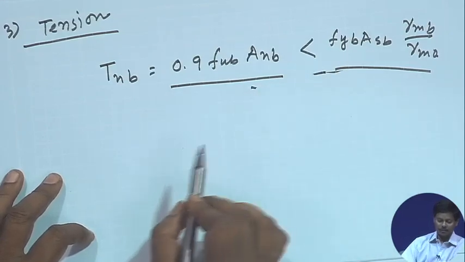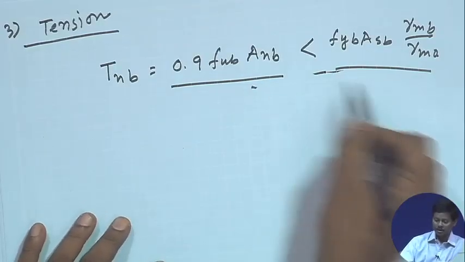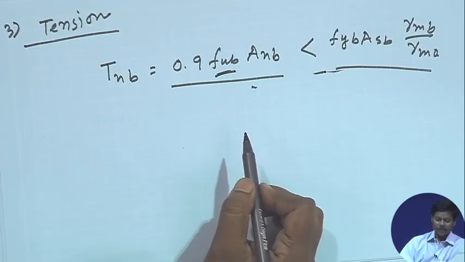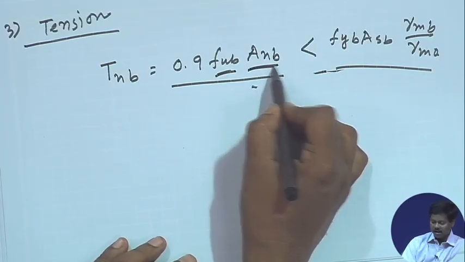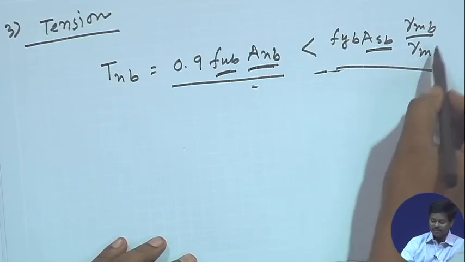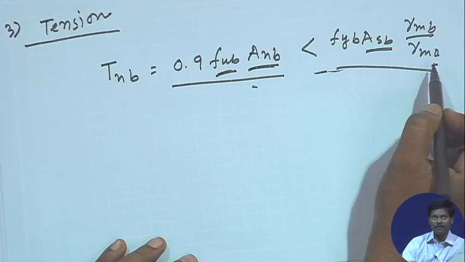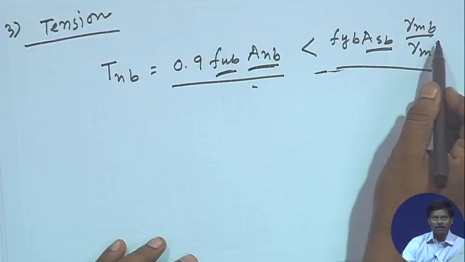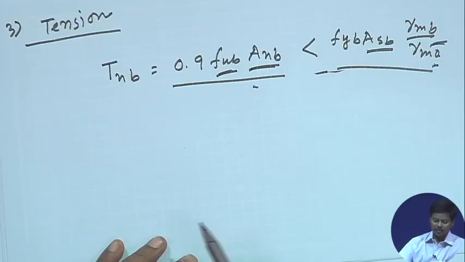Also we will calculate this, and we have to check that Tnb is less than this, otherwise you will take this value. As we said, fub is the ultimate tensile stress of the bolt, Anb is the net area at the thread, and Asb is the cross sectional area at the shank, and gamma m0 is 1.1, which again we can find out from table 5 of IS 800, and gamma mb also from the same table, which is 1.25.